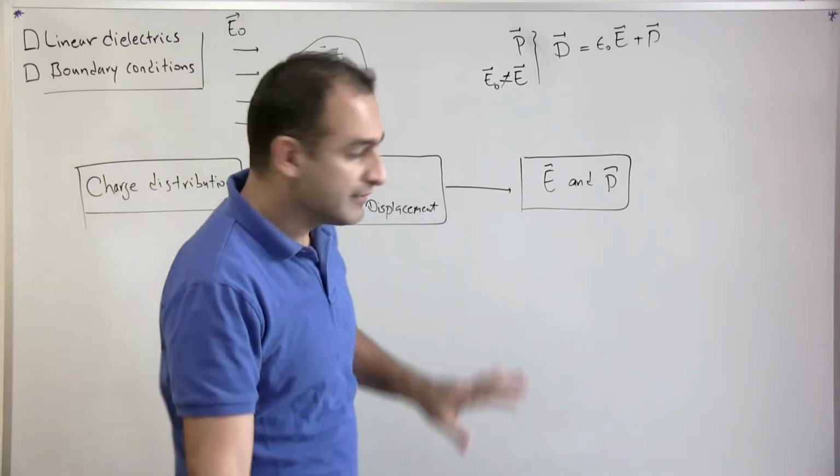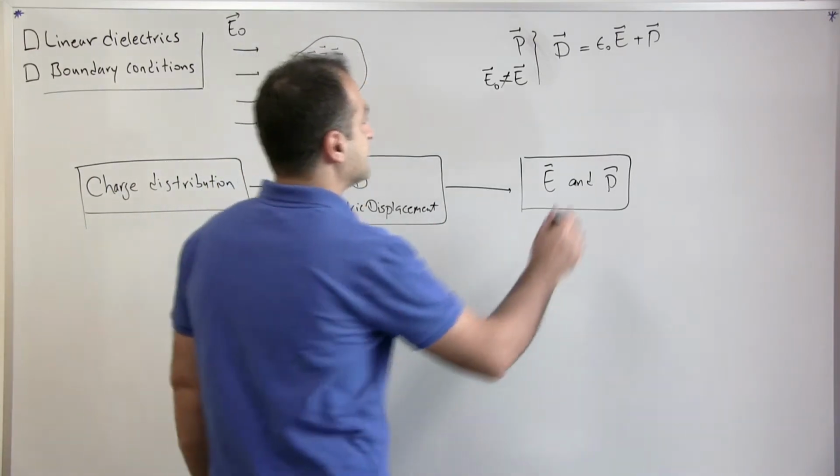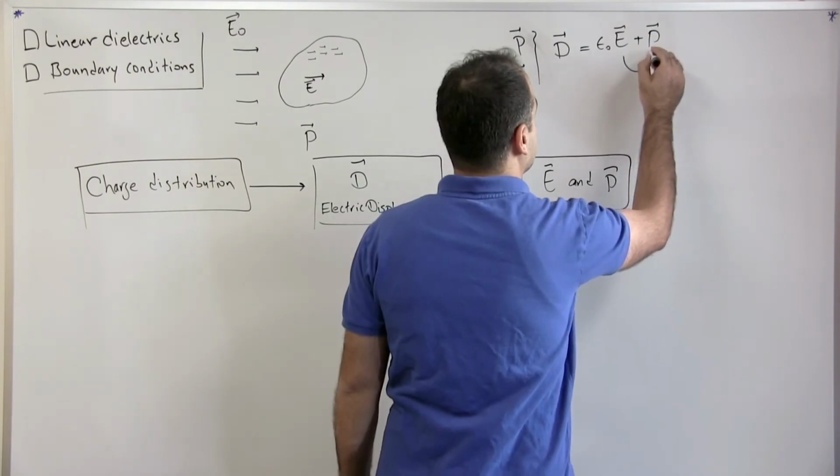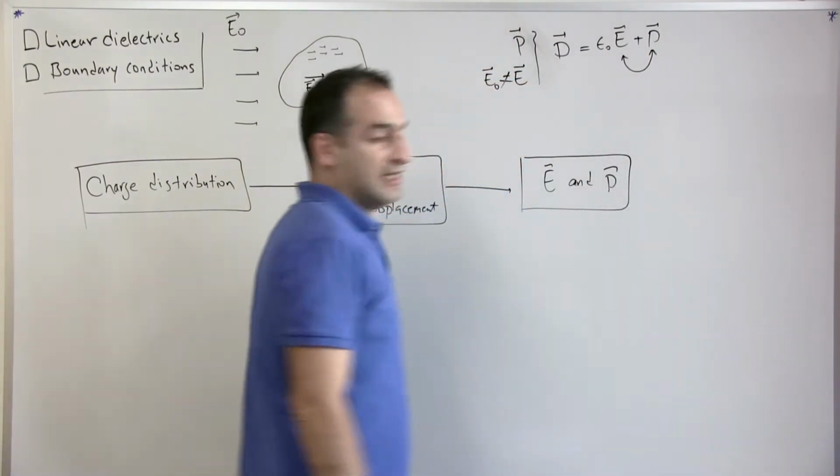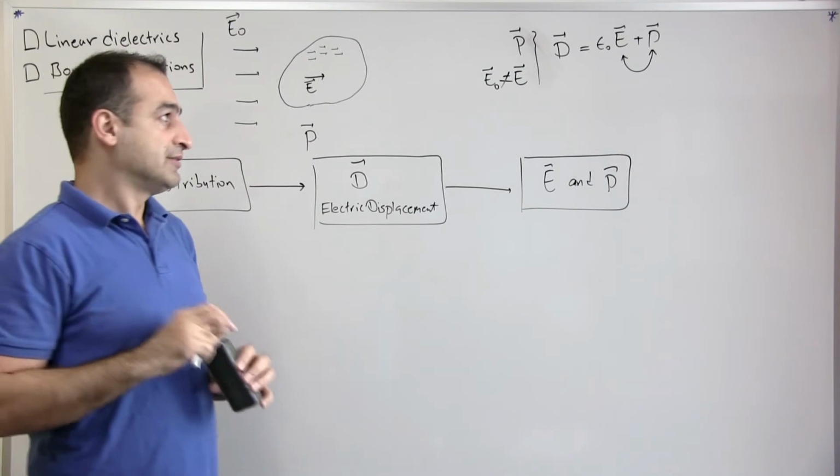So what we're going to do today is make the assumption that electric field and polarization are linearly related to each other.